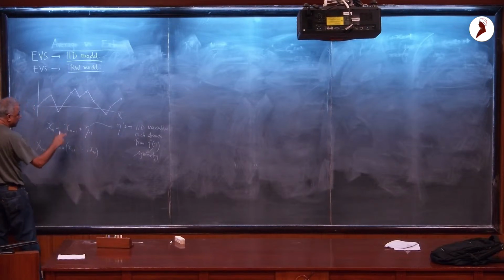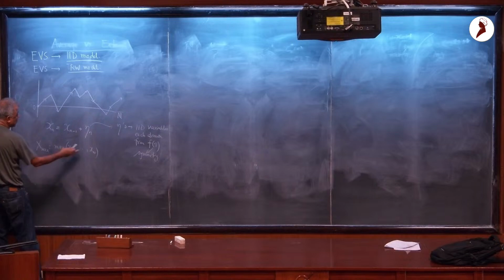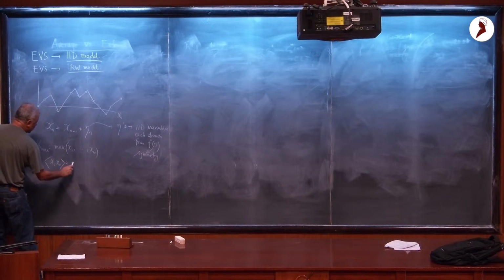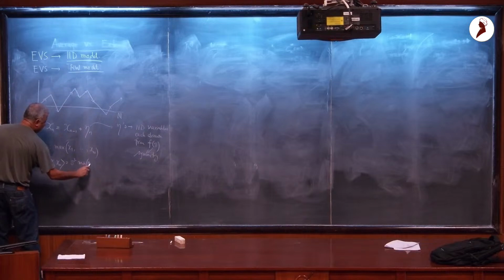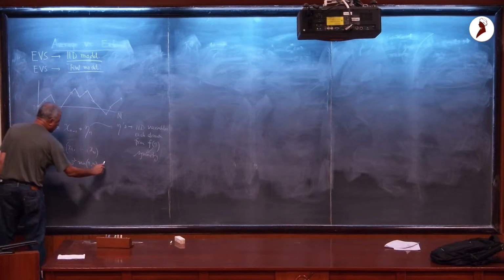Notice in the IID case it was the maximum of the etas, but here it's actually the maximum of the positions themselves. And these positions, as we argued last time, if sigma square is finite, the correlation of x_n and x_m is sigma square times the minimum of n and m, and therefore they are strongly correlated variables for m not equal to n.